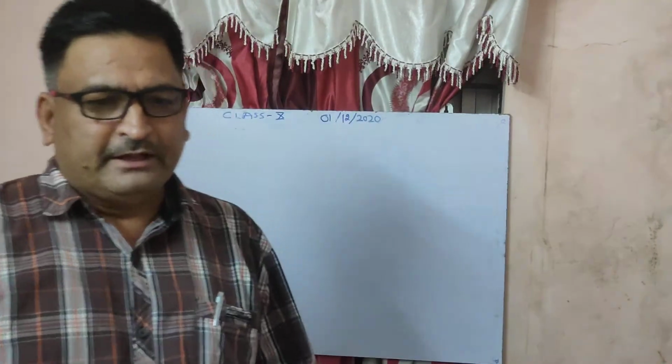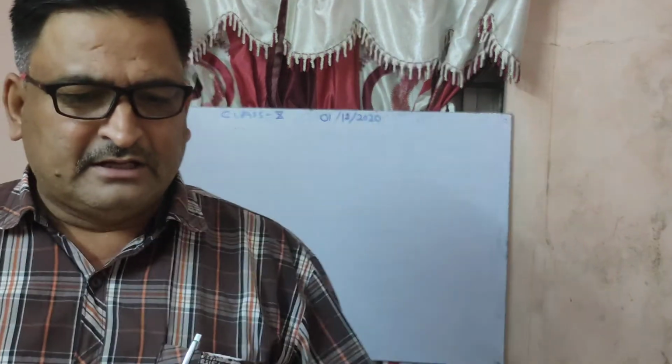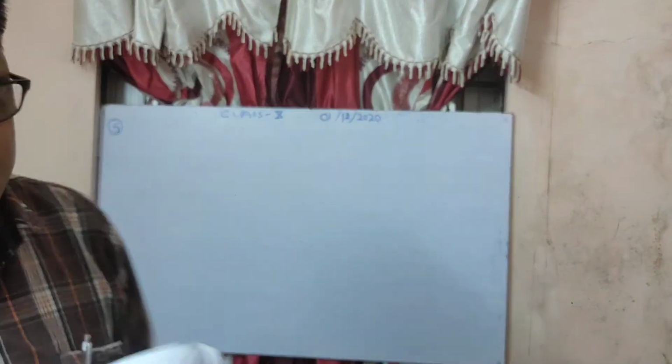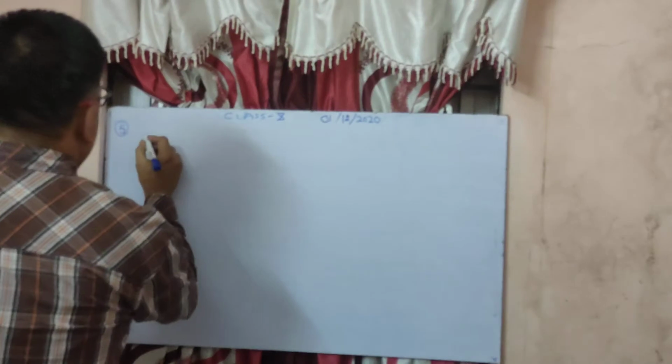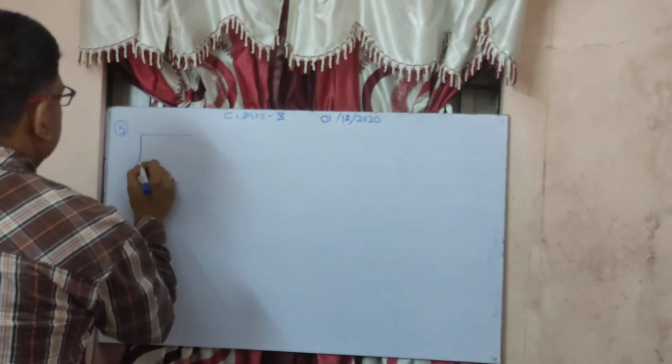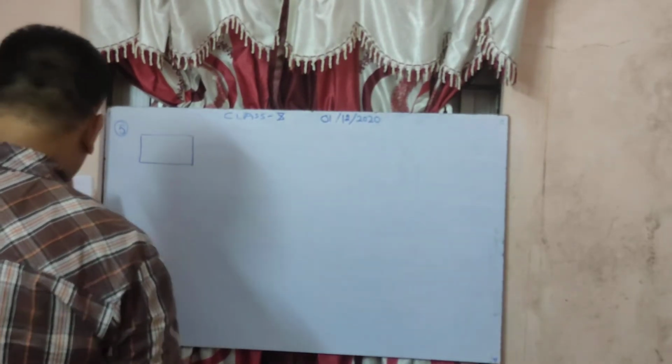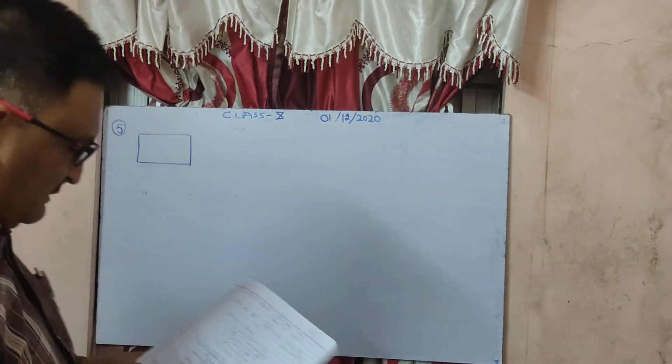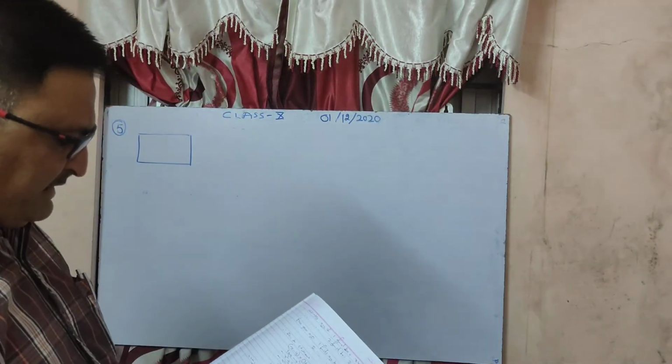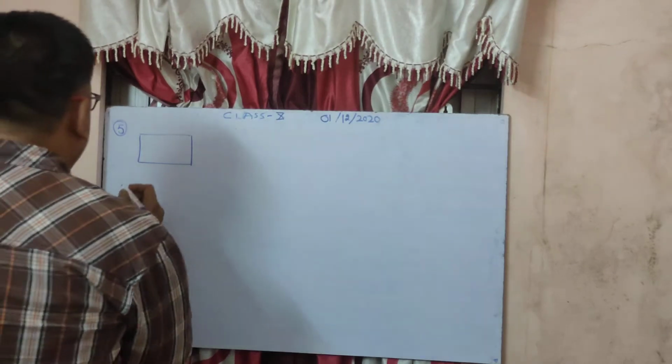Is it possible to design a rectangular park? Whenever you hear the word rectangular, just draw a figure, that is a rectangle. Is it possible to design a rectangular park of perimeter 80 meter? Now, what is given?